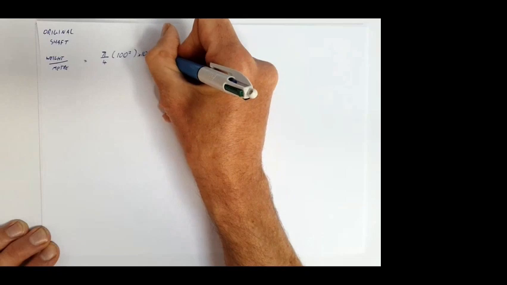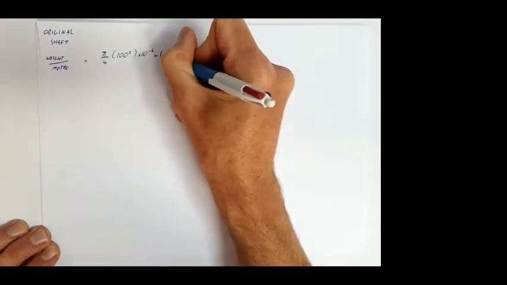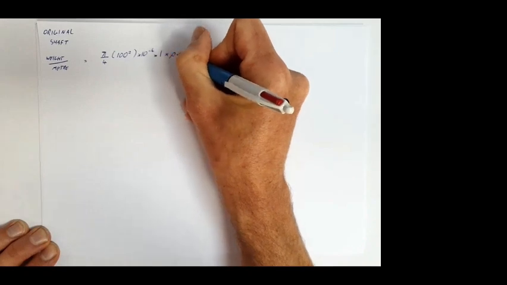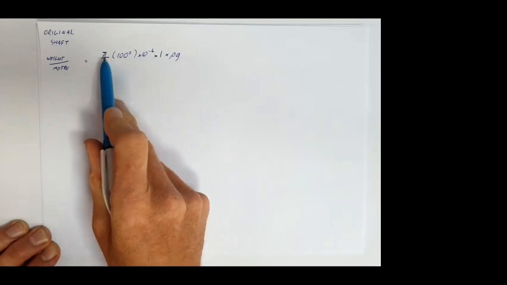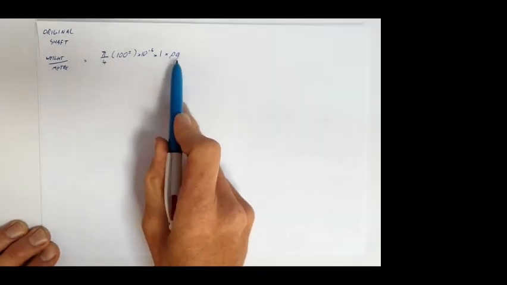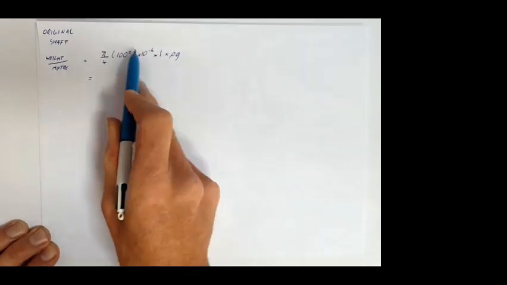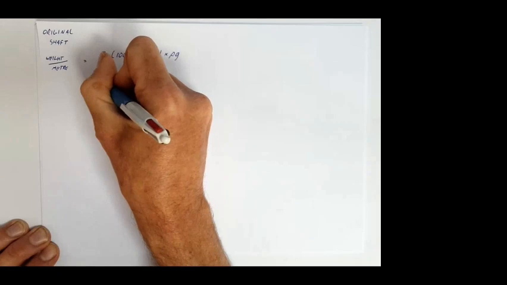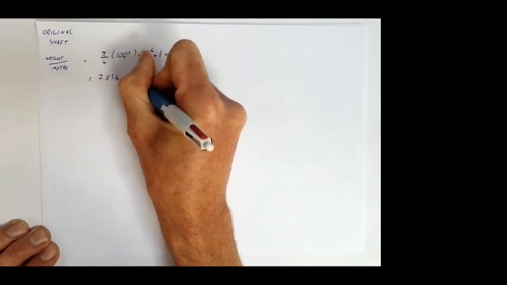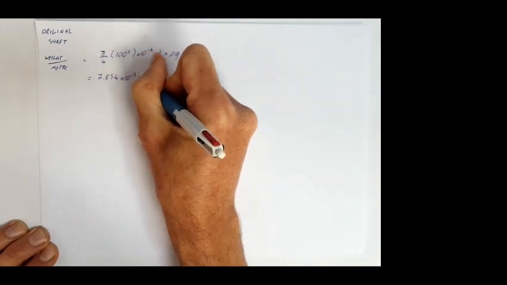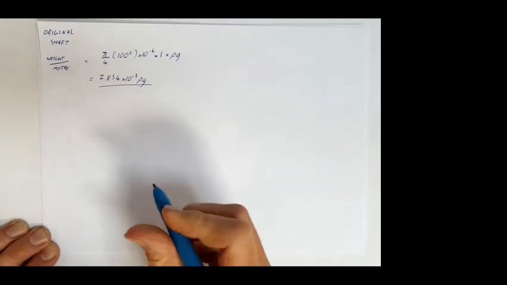So times by 1, it's the volume of the shaft times the density times gravity, to get volume to mass to weight. Okay, so that's the weight of the shaft per meter, 7.854 times 10 to the minus 3 rho g. And that is our weight per meter.